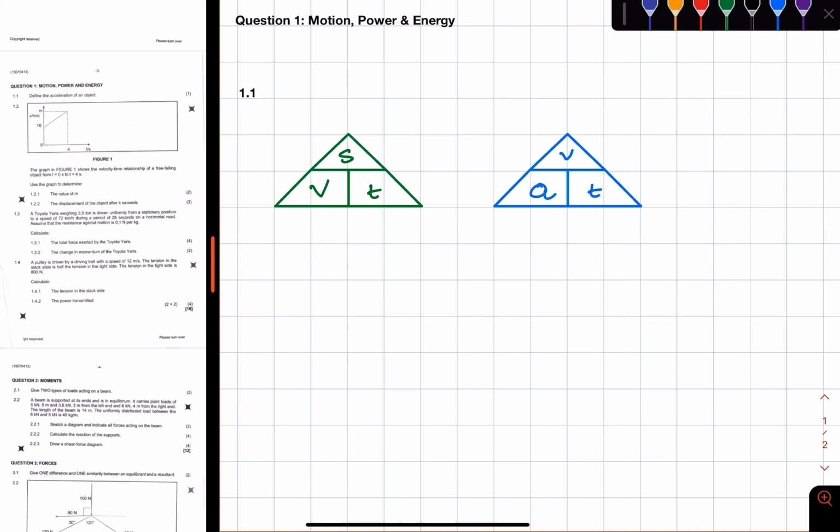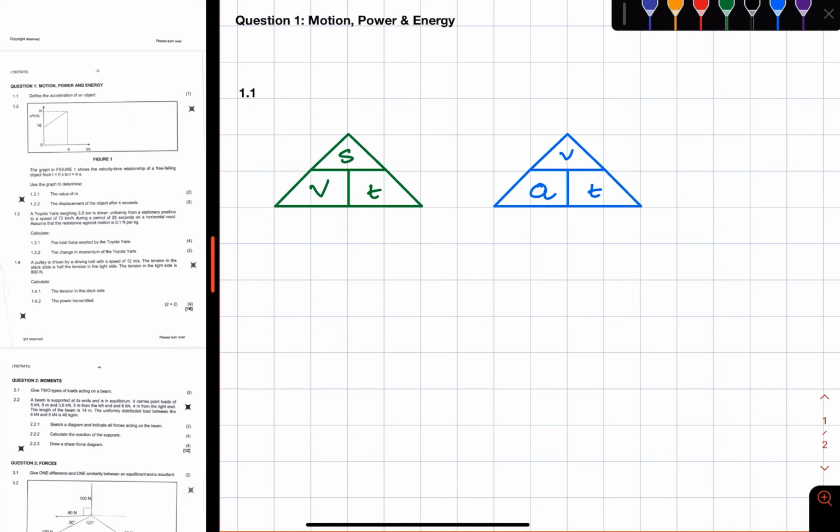Now, whenever you're dealing with a problem where you can use a triangle with variables inside of it, the variable on the left of that triangle, whichever triangle it may be, you can always define using the formula. What do I mean by that?